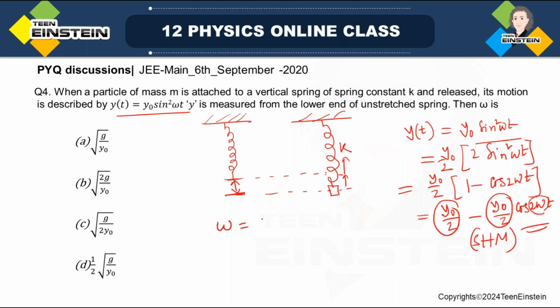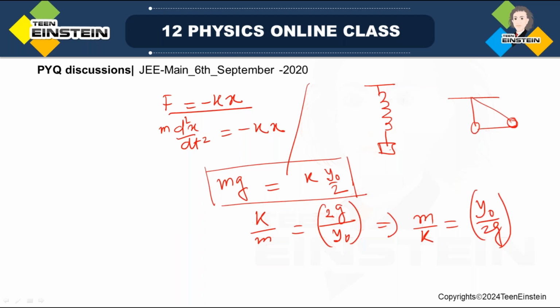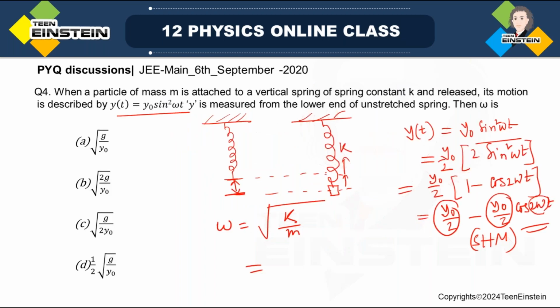So omega is equal to root over k by m. I'm sorry for the mistake. This was due to hurry. So k by m is actually 2g by y naught. That is actually omega. 2g by y naught.